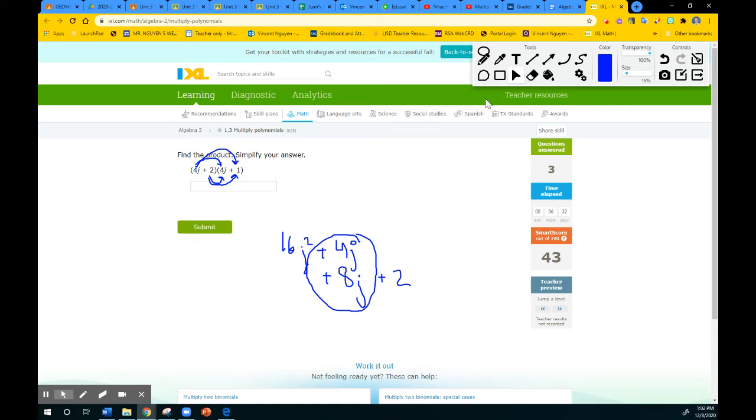I just want to give you some options there. 16j squared, and then plus, if you add these together, you should get 12j. And then plus 2, because 2 times 1 is 2, not 3. Okay, don't put 3 in there. Okay, and then submit. Fantastic.